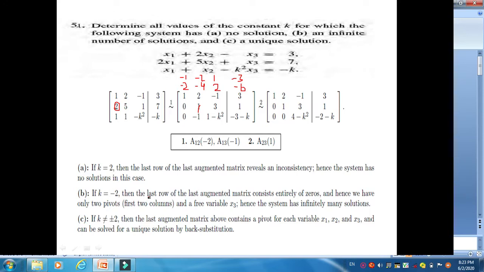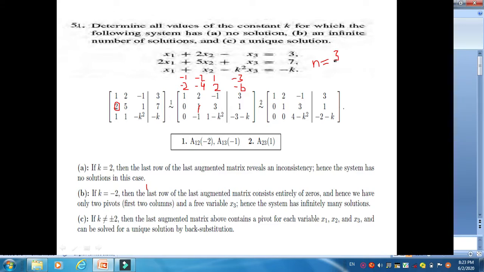The number of unknowns here in this matrix is n equals 3.